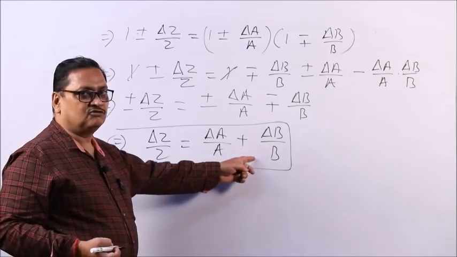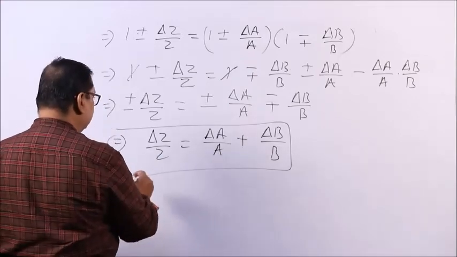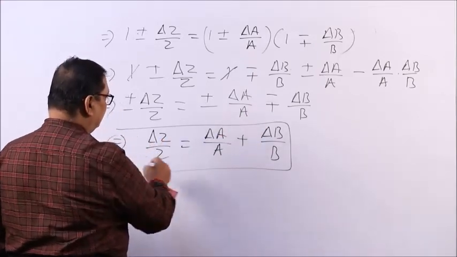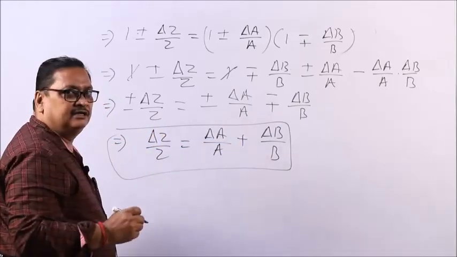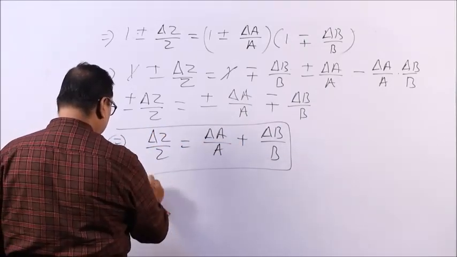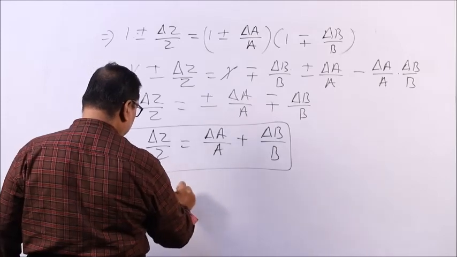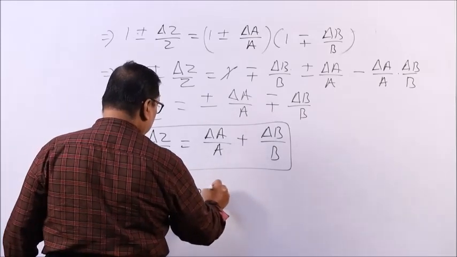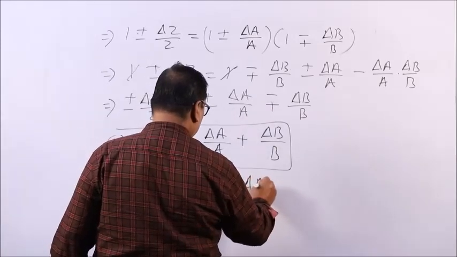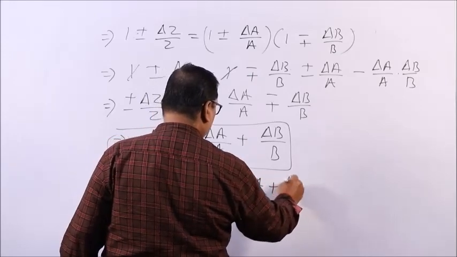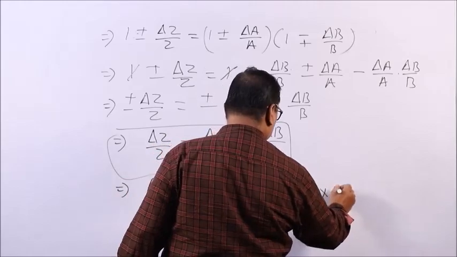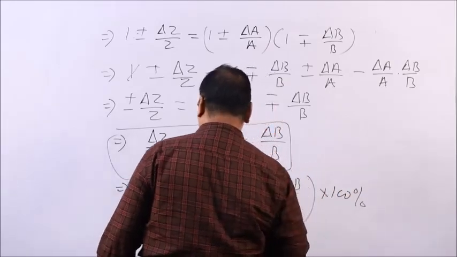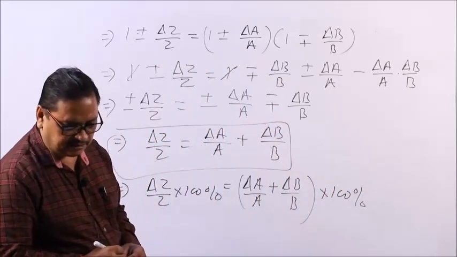So, finally, error will be added and it will increase. This is the relative error in case of multiplication and division. If you want to find the percentage of error, then you just multiply by 100. This is the percentage of error.